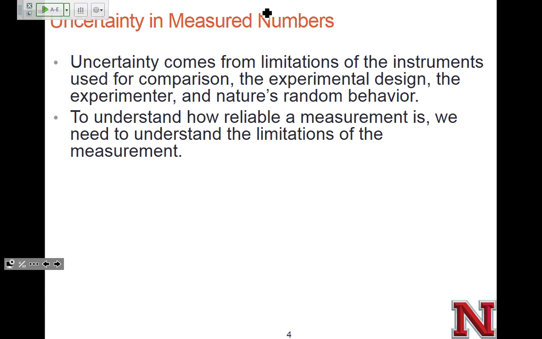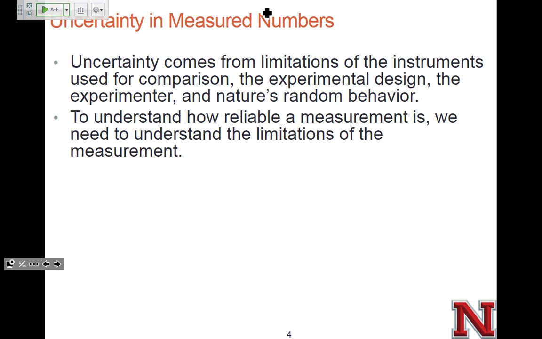As far as uncertainty, where does uncertainty come from in measurements? And we talked about this a little bit on Monday, and it really often will come from limitations of the instrument. So in your experimental design, when you start learning how to set up experiments and you get better at it, you start learning what's the best instrument to use for the sensitivity you need.